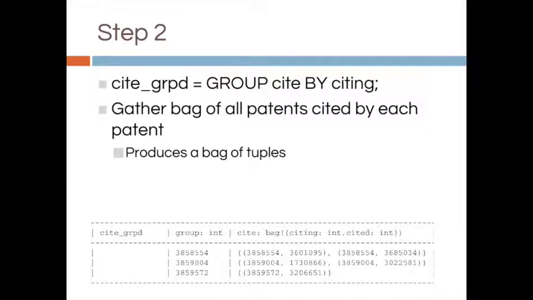Also notice in this example that in the bag of tuples, it is always the citing patent, comma, the cited patent, and you have pairs of these. So you have the citing patent getting duplicated across all of the tuples. And in the next step, we will look at how to process this data and remove those duplicates.